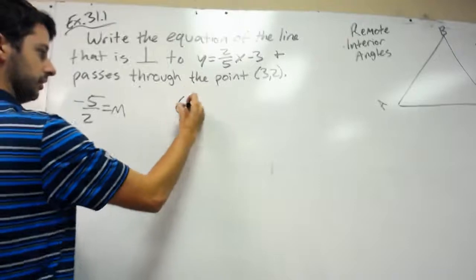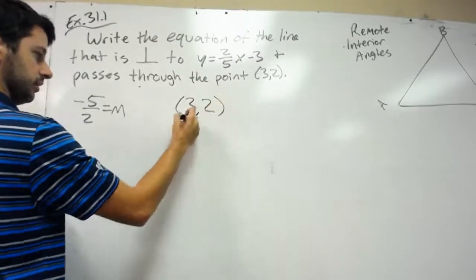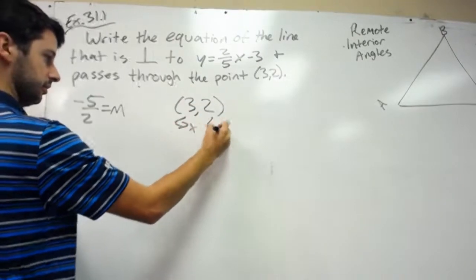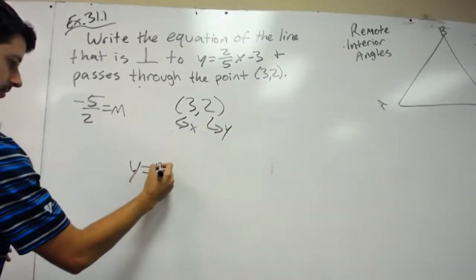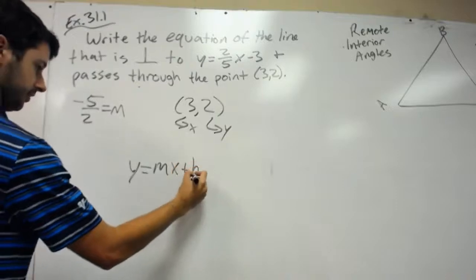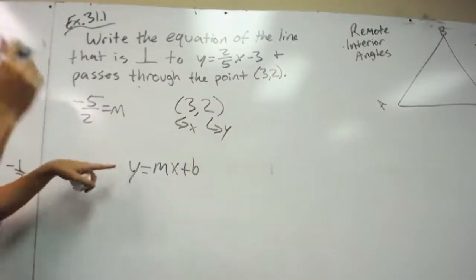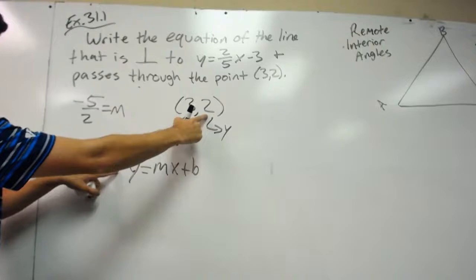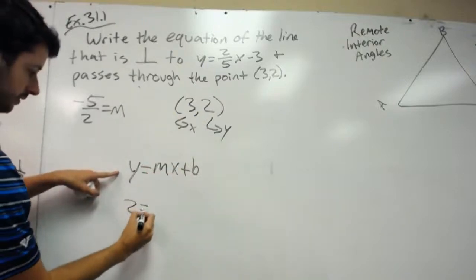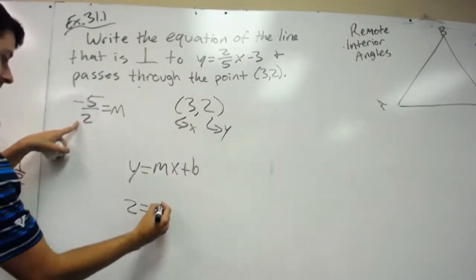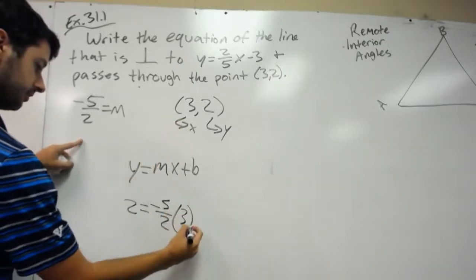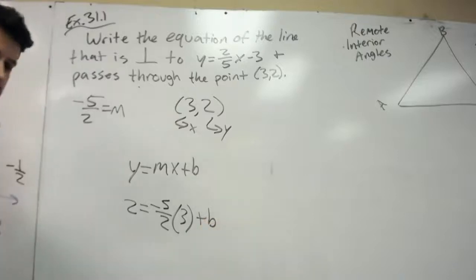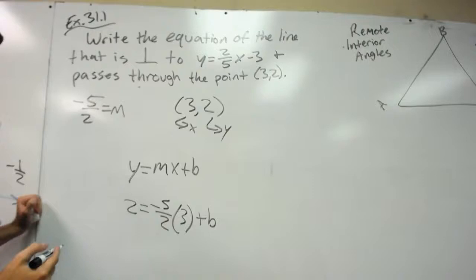Well, okay, 3, that's x, 2 is y, so therefore in y equals mx plus b, we know that y is 2, m is -5/2, x is 3, and we are now solving for b. I've got one variable we can solve.